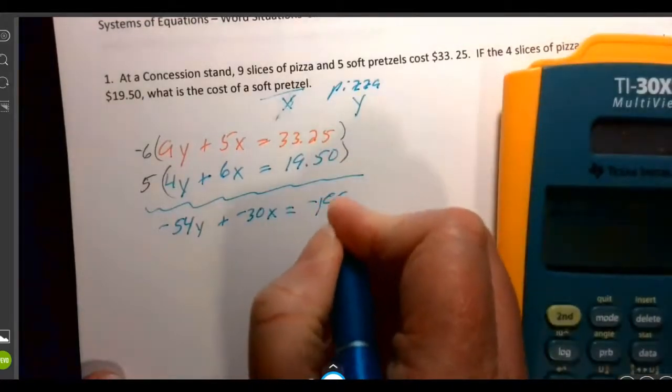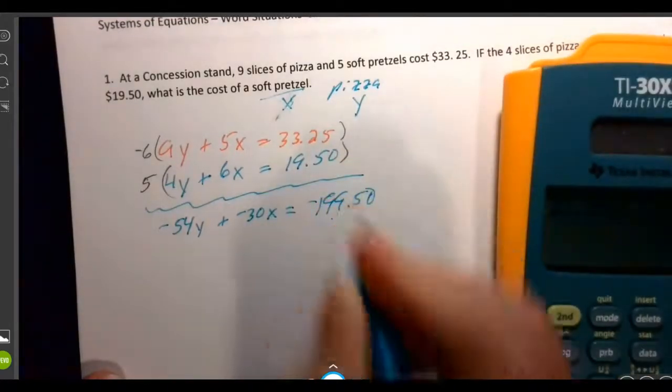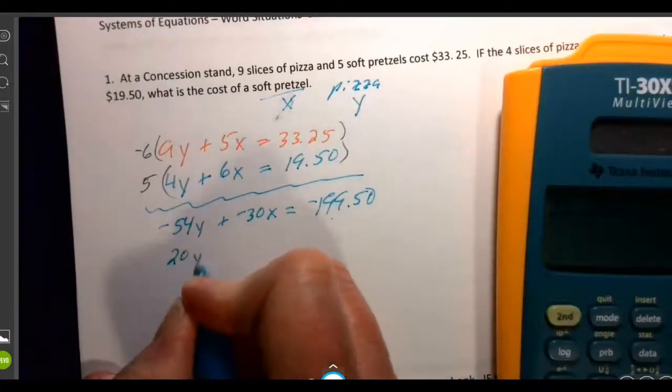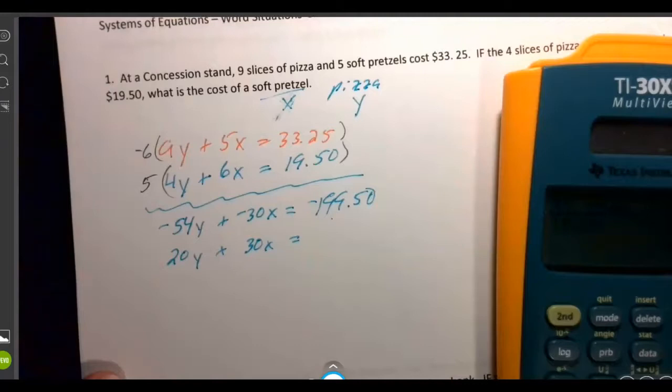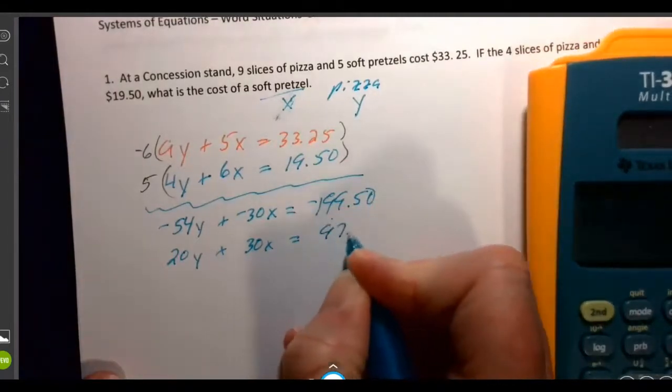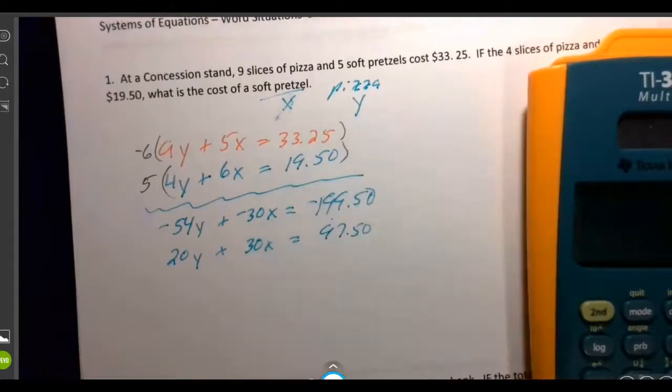negative 199.5 and 97.50. Okay, now we're going to add.